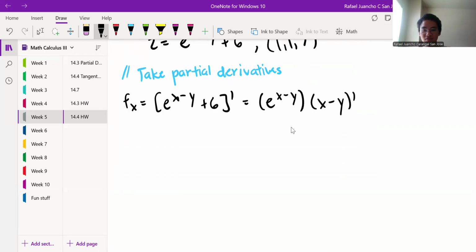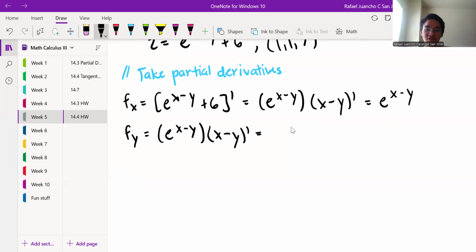So let me do this. So y is a constant. That means that's 0. So we're actually just left with x. What's the derivative of x? Well, it's 1. So 1 minus 0 is 1. And then if we put that here, we actually just have e to the x minus y. And then that's it.